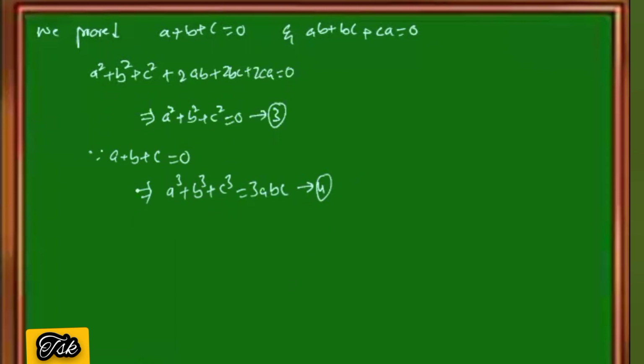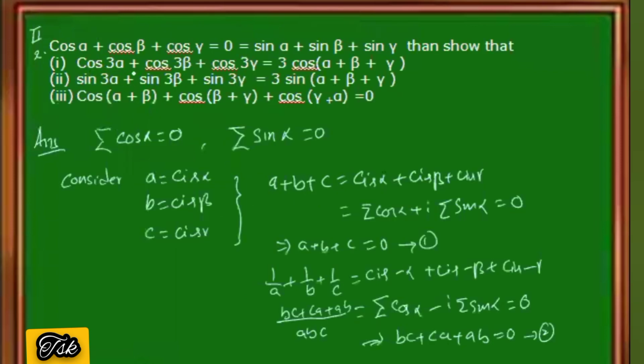Now we have to prove the values: sigma cos 3 alpha is equal to 3 cos of alpha plus beta plus gamma. Sigma sin 3 alpha is equal to 3 sin of alpha plus beta plus gamma. And sigma cos of alpha plus beta is equal to 0. So we multiply like this. Since A cube plus B cube plus C cube is equal to 3ABC, look here.